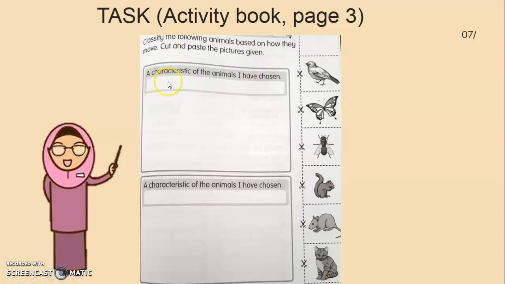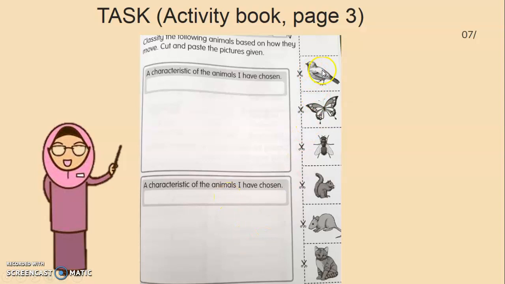And then, you write the characteristic in here. How they move. Look here. How does the bird move? How does the squirrel move? Please think about this answer. Okay?